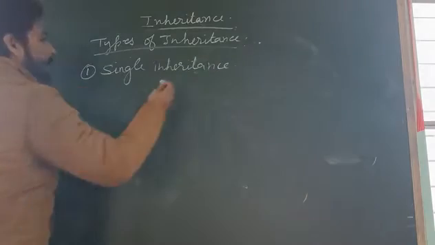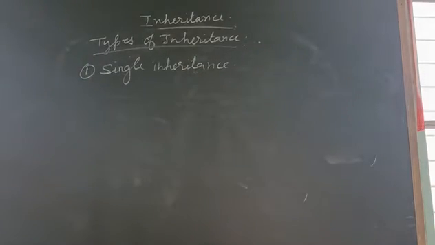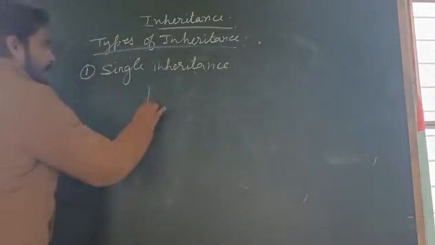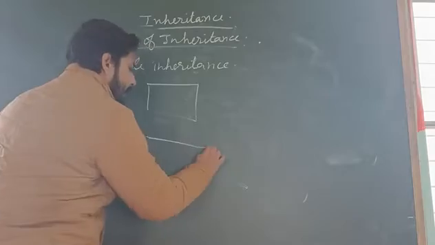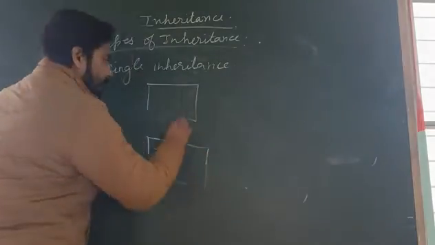In single inheritance, there is only one base class and only one derived class, so only one class is derived from only one base class.